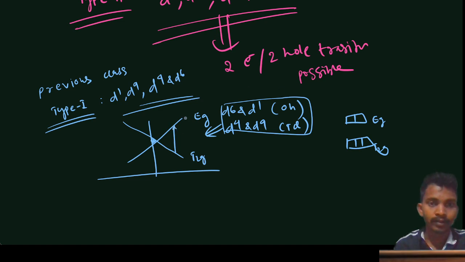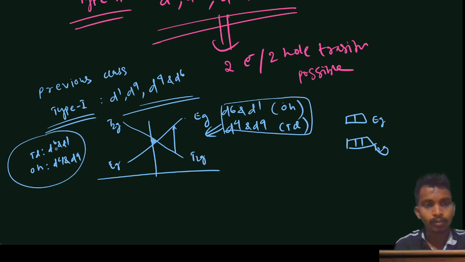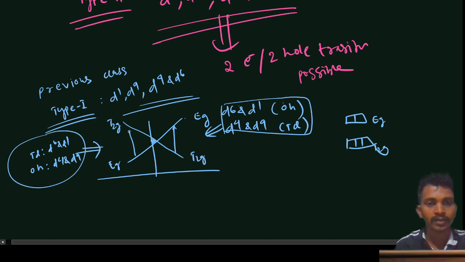Similarly this is Eg and this is T2g. So for this case, here D6 is for octahedral. Now this will become tetrahedral: tetrahedral D6 and D1, and octahedral D4 and D9. So this follows this type of transitions, that we have discussed in the previous class.